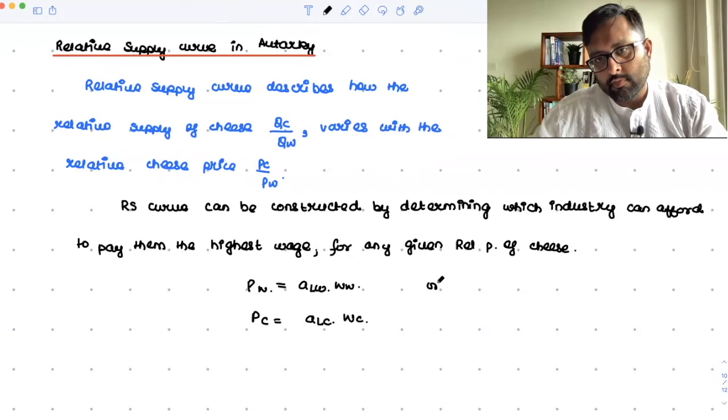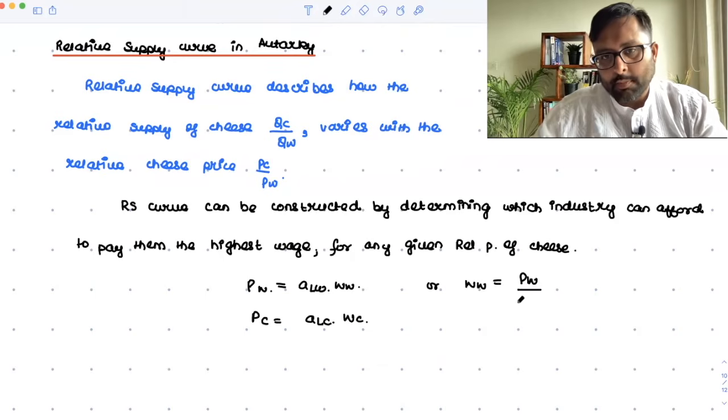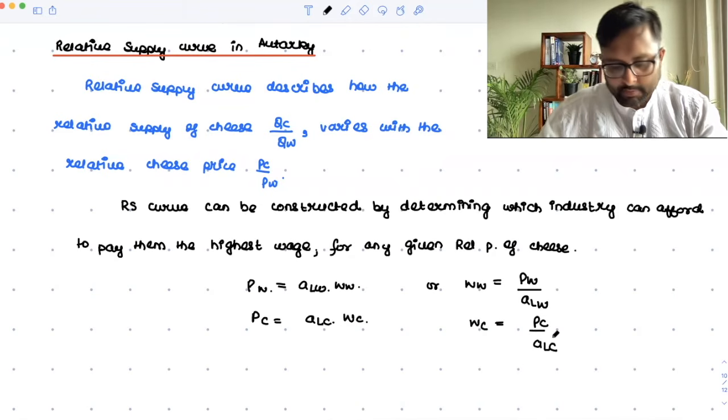Or WW is PW upon ALW, and WC is PC upon ALC.